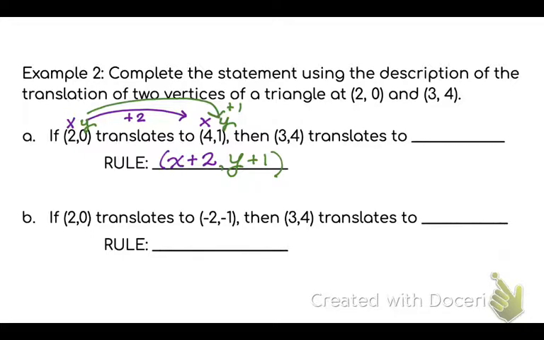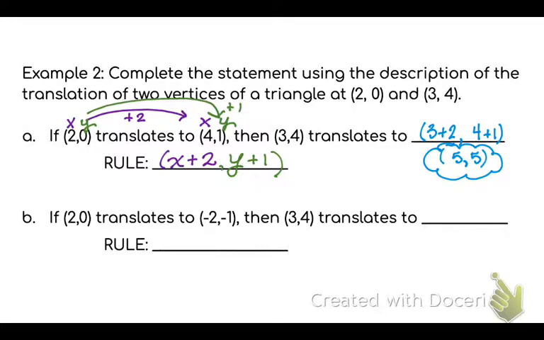We use that rule to help us with the point (3, 4). We plug in 3 for x and 4 for y. So 3 plus 2, 4 plus 1 means that our new point is going to plot at (5, 5) after that translation.